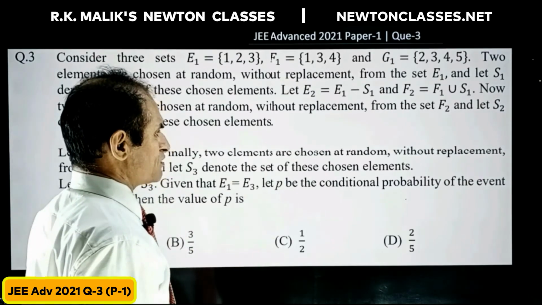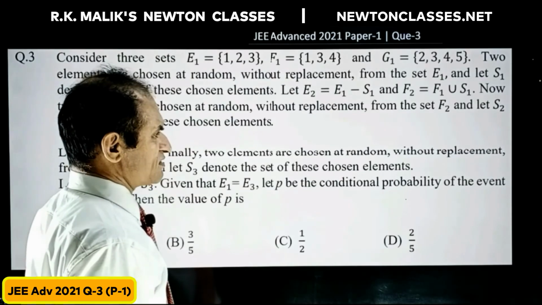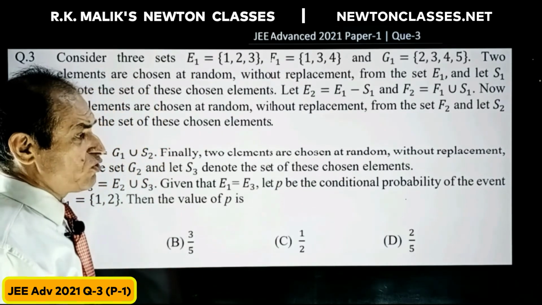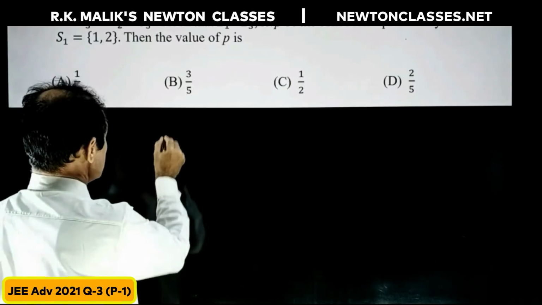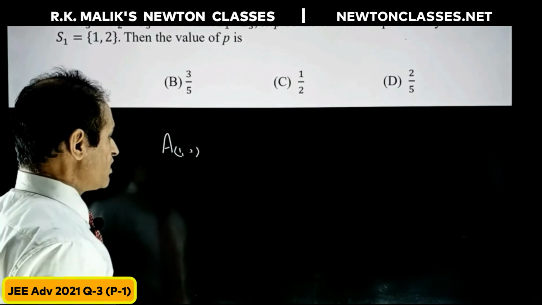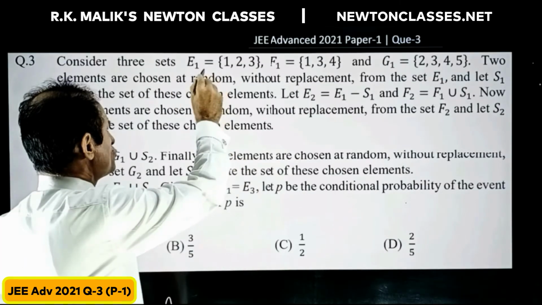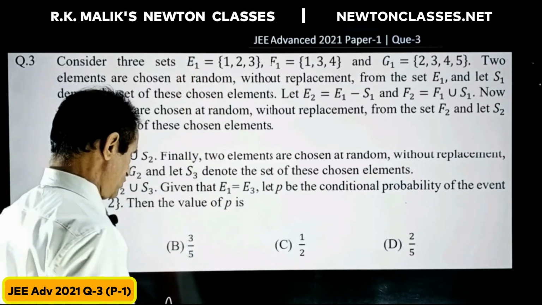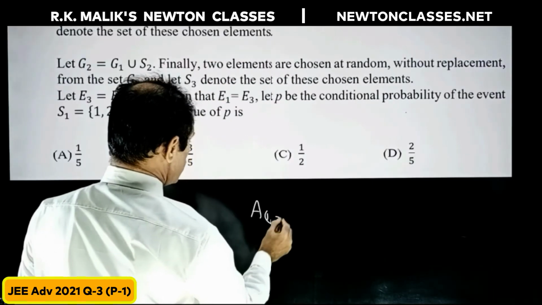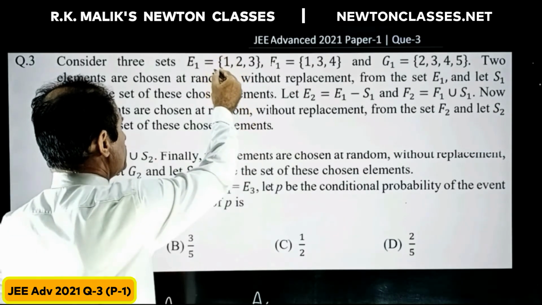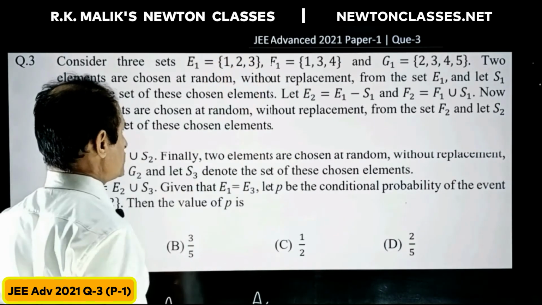And once you have understood the meaning of the question, it is clear that this is the question of Bayes theorem, a beautiful question of Bayes theorem. Suppose A12 denotes the event that the two chosen elements from E1 were 1, 2. A13 denotes the event that the two chosen elements from E1 were 1, 3.